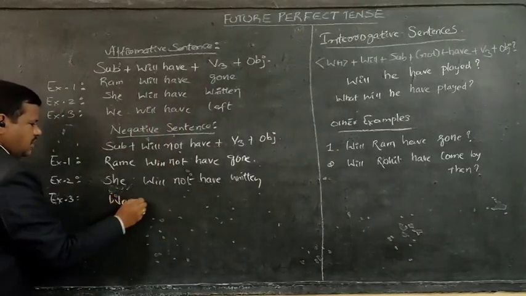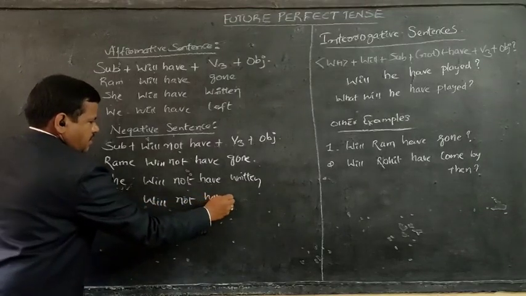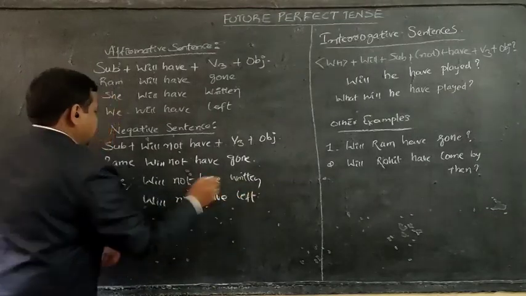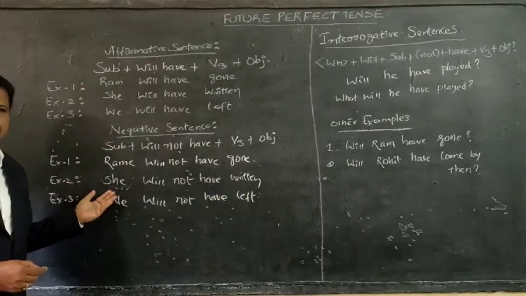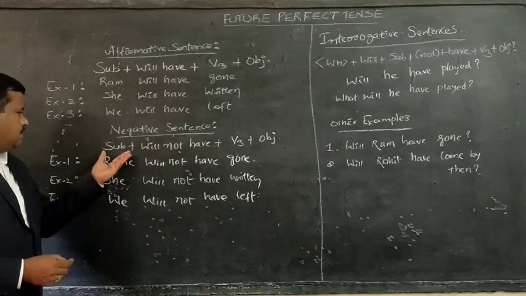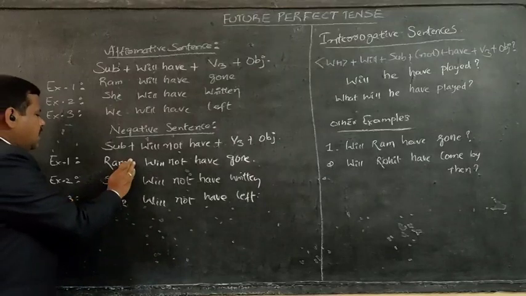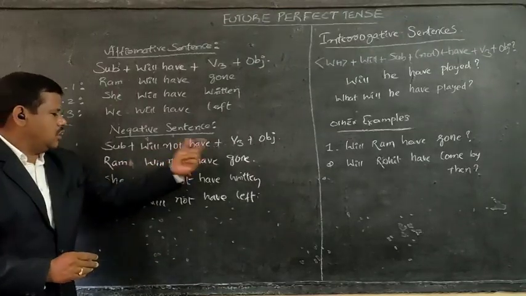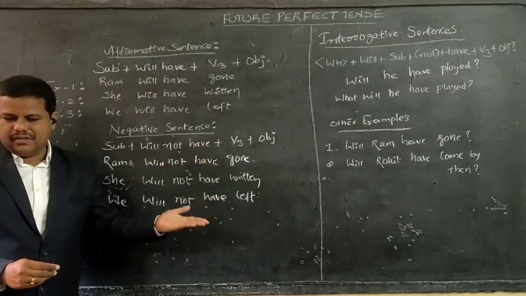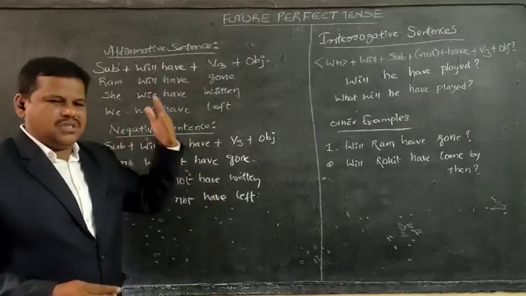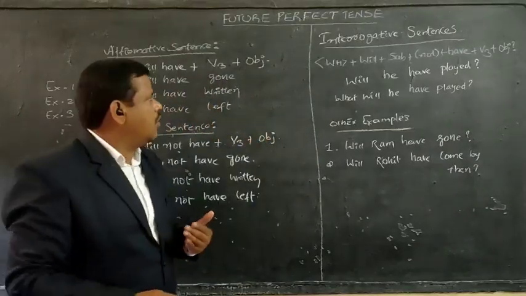So how do you write it? We will not have left. So these are the three examples of the positive sentence with respect to the negative sentence, that is subject plus will not have plus V3 plus object. The examples are Ram will not have gone, she will not have returned, we will not have left. We can even add an object with respect to those particular keywords which I have explained just now.